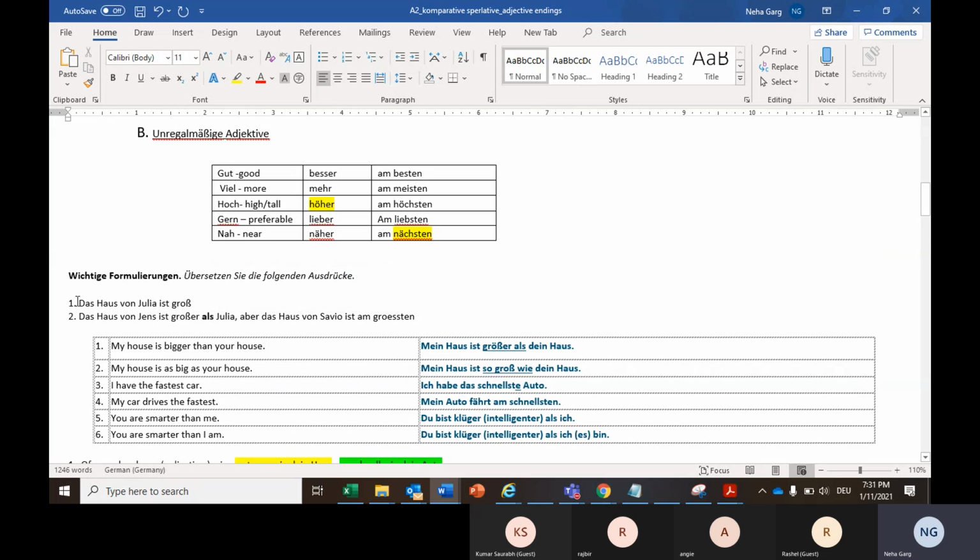Wie zum Beispiel das Haus von Julia ist groß. So this is a simple sentence. Julia's house is big. But now let's say I'm comparing the houses of two people. I would say das Haus von Jens ist größer als Julia.